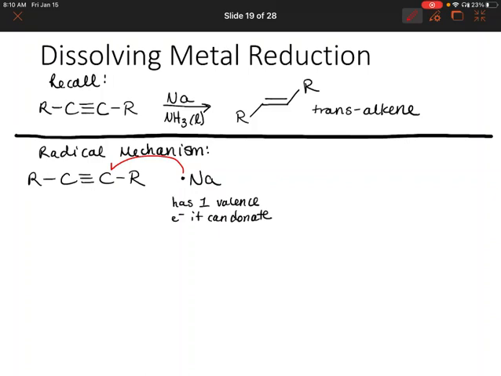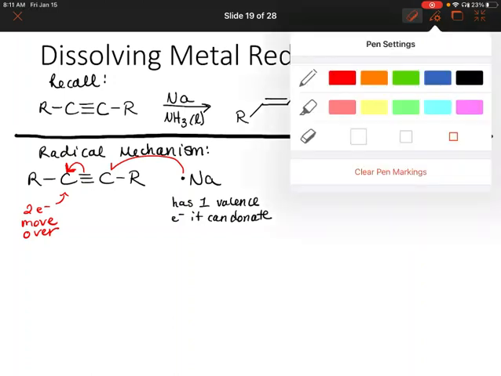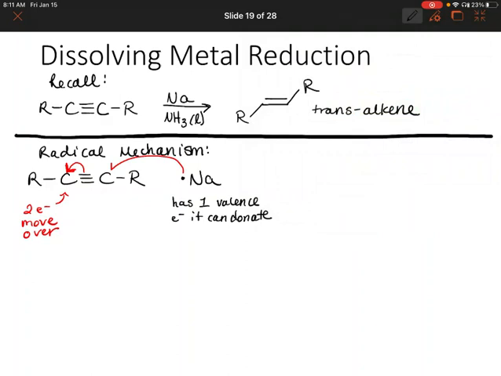And as a result, one of the pi bonds is going to move to the other carbon, and both electrons are going to move. So just note, two electrons move over from the triple bond, and then sodium will donate its one electron to carbon. Okay, so let's draw the resulting radical.